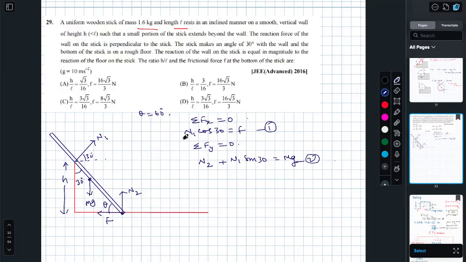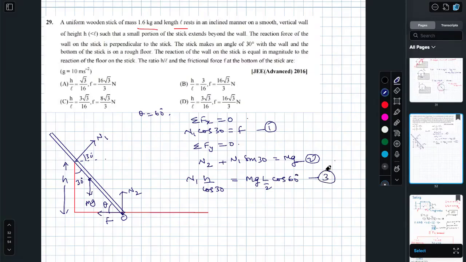Next, I apply the torque equation about this point O. N1 times, yeah, this is h, so this is h by cos 30. This is equal to mg L by 2 cos 60.